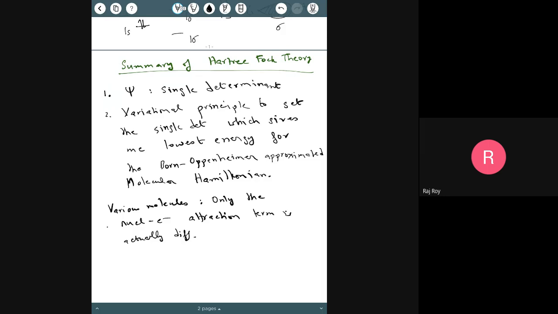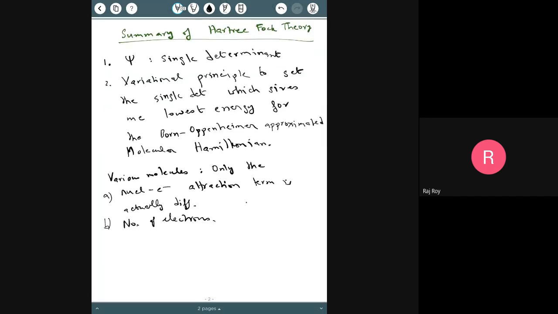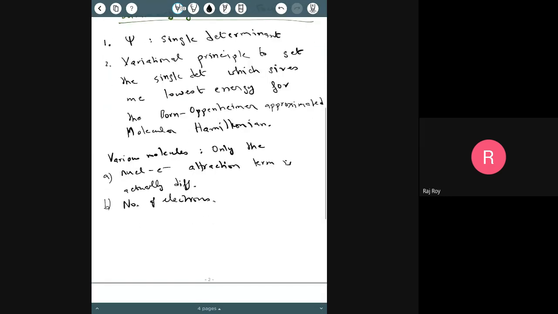This is one way in which it's different, and B is the number of electrons. But overall, when you optimize the wave function, since the energy is a balance of all the terms, the wave functions turn out to be very different. Anyway, so we had a single determinant, and we say that we find the single determinant with the lowest energy.